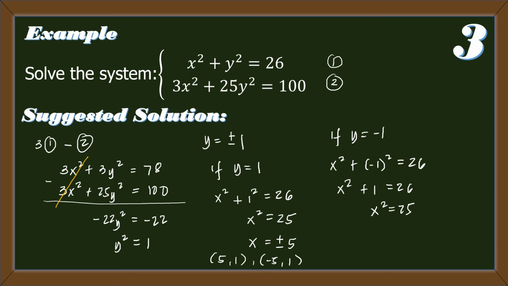Getting the square root of both sides, we have x is equal to positive or negative 5. Again, we have the ordered pairs 5, negative 1 and negative 5, negative 1 as the solution to the system of nonlinear equations.